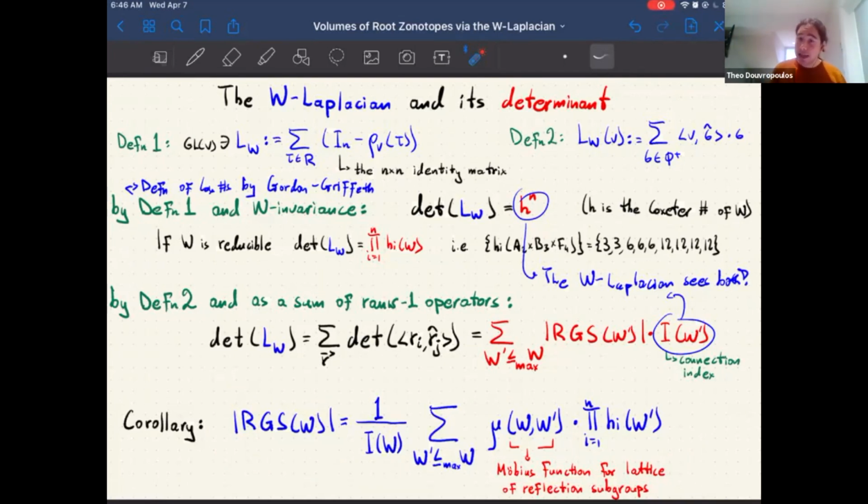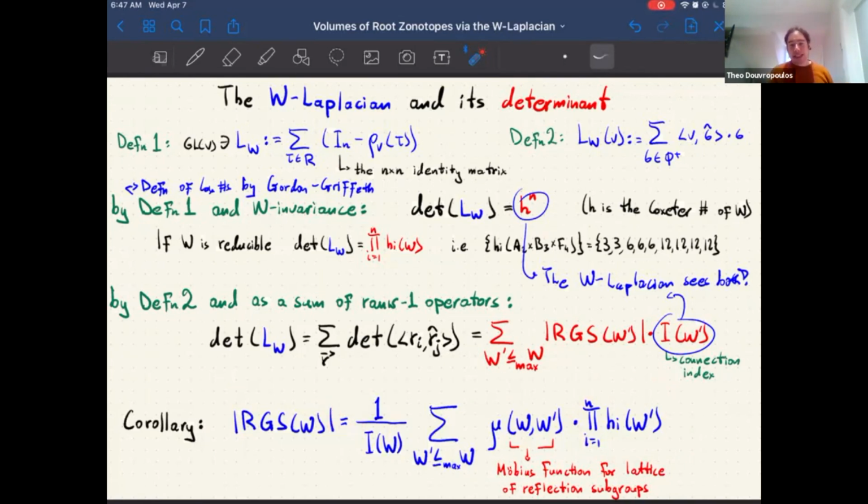In the previous slide, I have a, yes, quick question. Go ahead. How hard would it be to see that equality on its own? Would you say it's surprising? I would say it's surprising because of the Coxeter numbers appearing here. You're talking about this sort of equality, right?